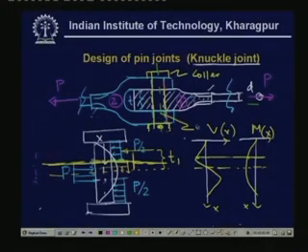If the material is a brittle material, then we will have to find out the maximum principal stress, and the maximum principal stress is given by this form.